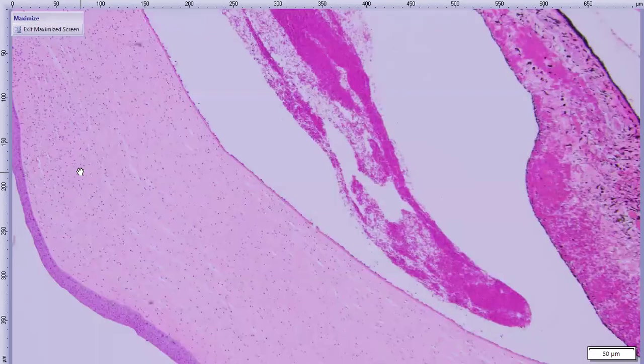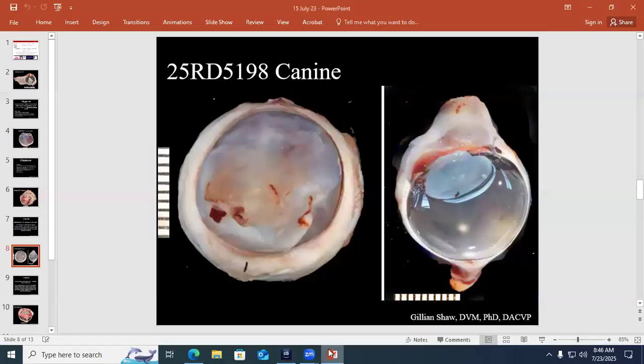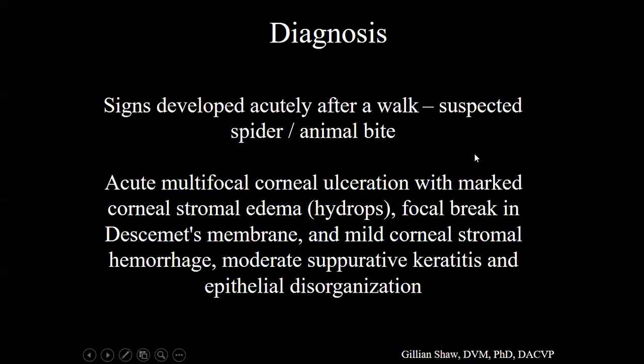So another possibility in this case is a snake bite. Collagenolysis, corneal stromal edema, and hemorrhage are common and have been reported in a paper that was published. Where's the dog from? This one's from Georgia.